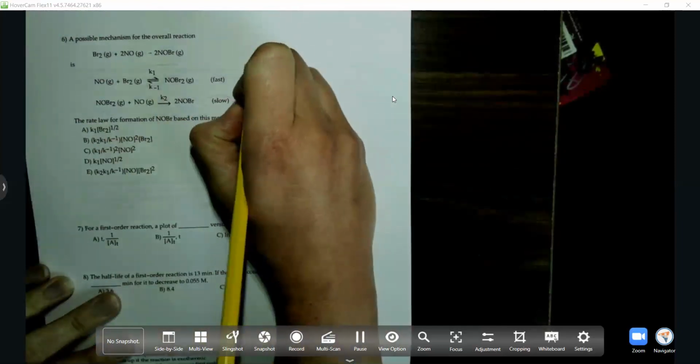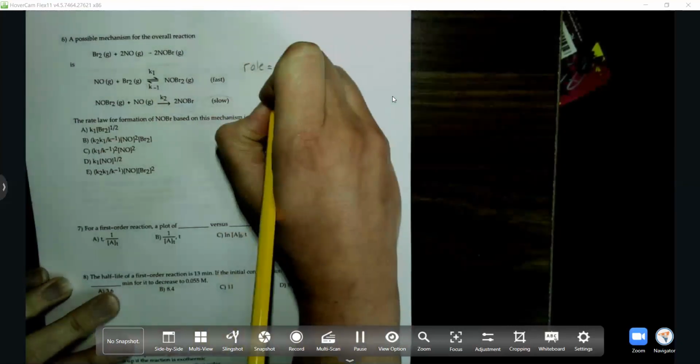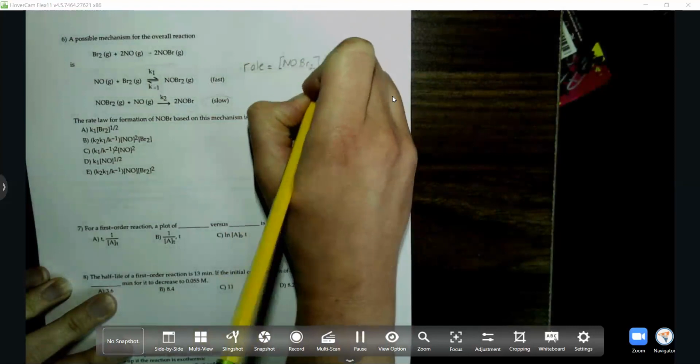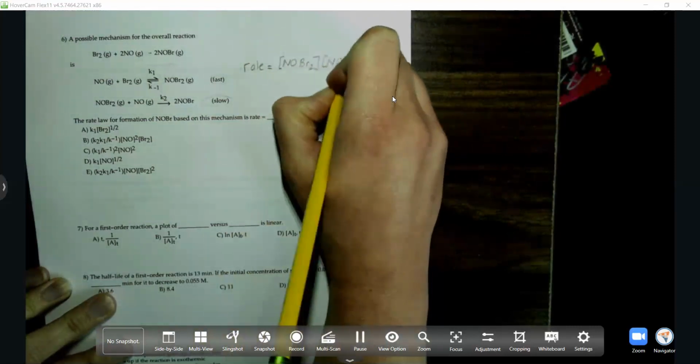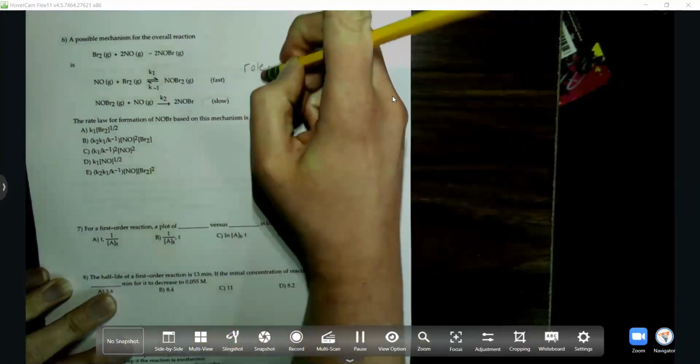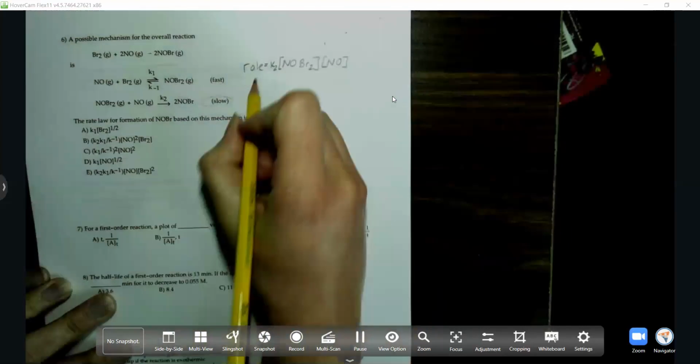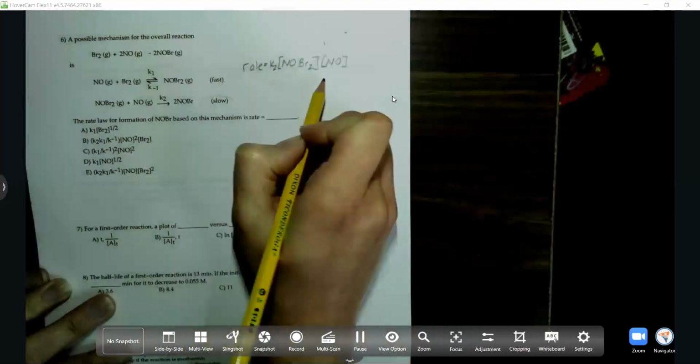So rate is equal to K times the concentration of NOBr2 times the concentration of NO. Then you're going to evaluate this.